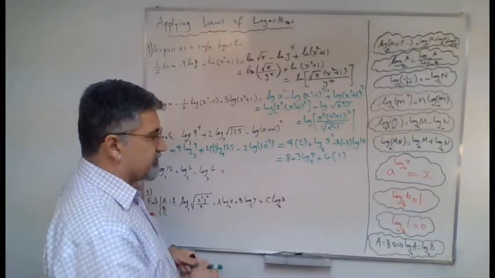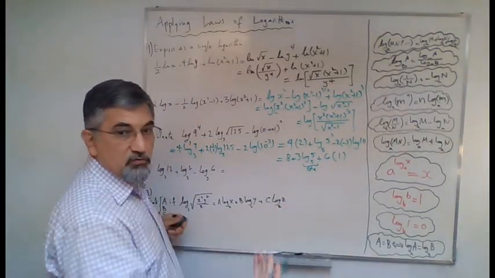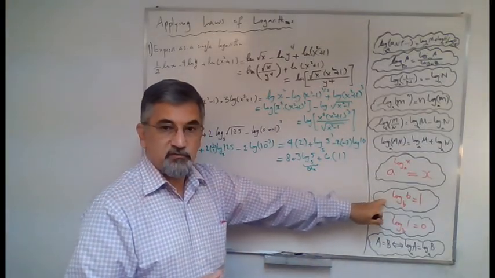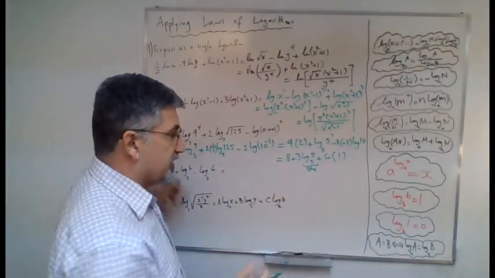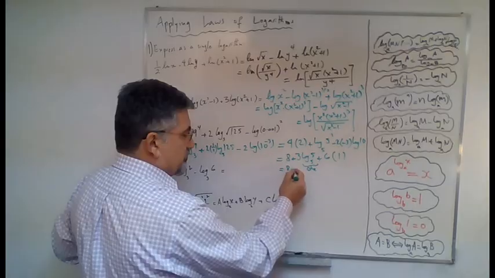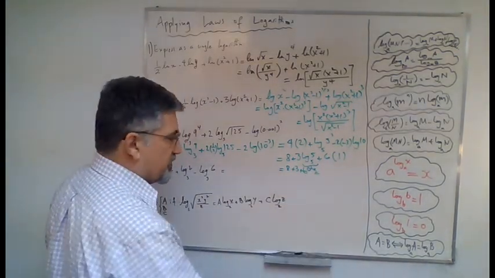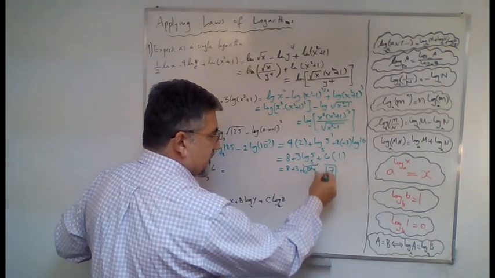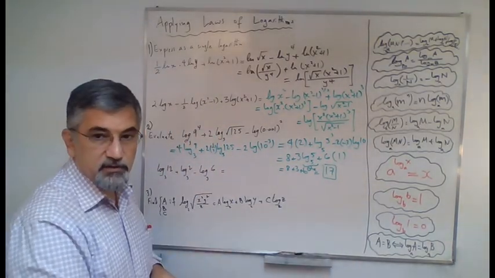And now we have log of 5 to the base 5, which is once again equal to 1, according to the other law of logarithm. As you see, we are using all of these laws of logarithm in every single question. So we're going to end up with 8 plus 3 plus 6, which is going to be 17, final answer. So without touching a calculator, we could evaluate this logarithmic expression.